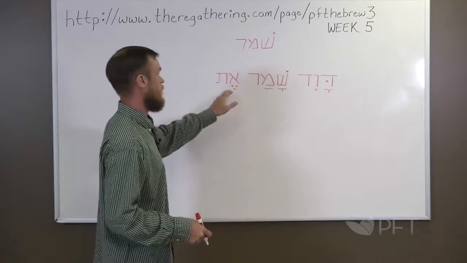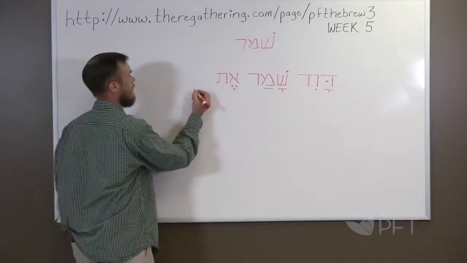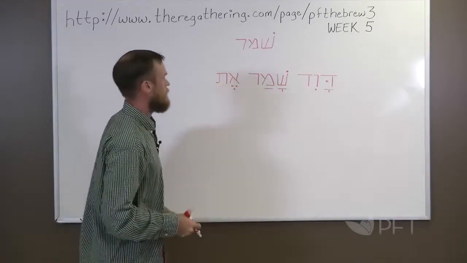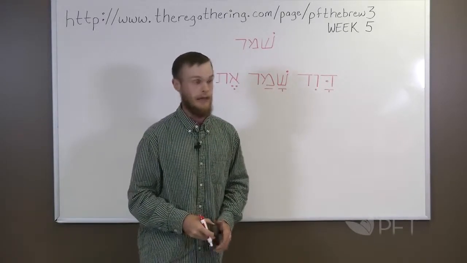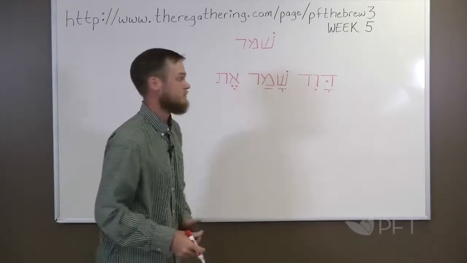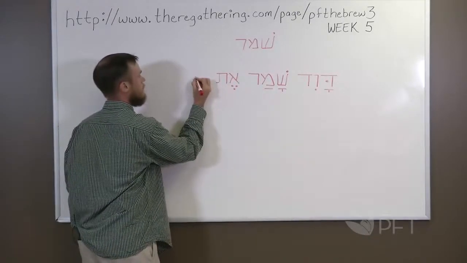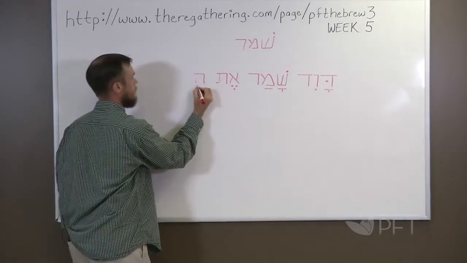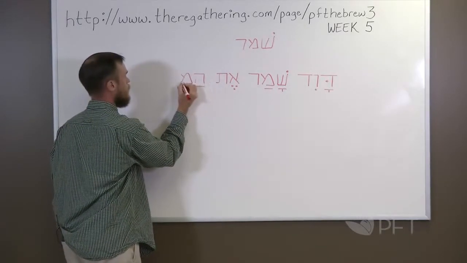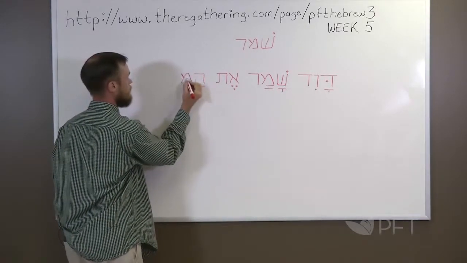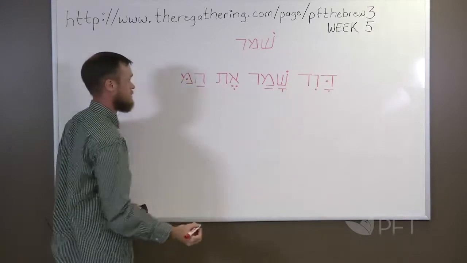Okay, so David shamar et. Mitzvah is a commandment, so commandments is mitzvot. And we need the definite article to make it "the." So ha. Remember our rule way back when we talked about the definite article, that the first letter following it takes a dagesh.